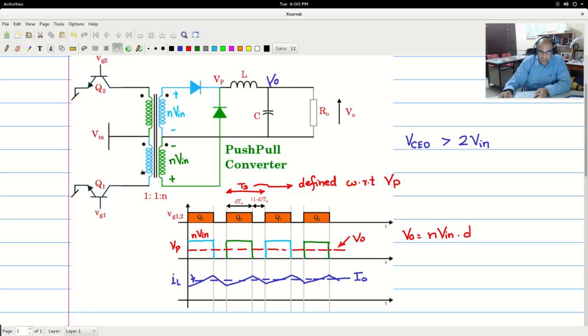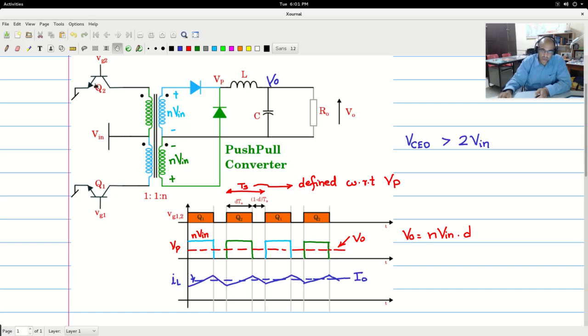This will be having plus, and here it is minus Vin, and there is a Vin here connected in the circuit. So you are having Vin and another Vin due to the reversal of the polarity appearing across Q1. So Q1 should withstand at least 2 times Vin.